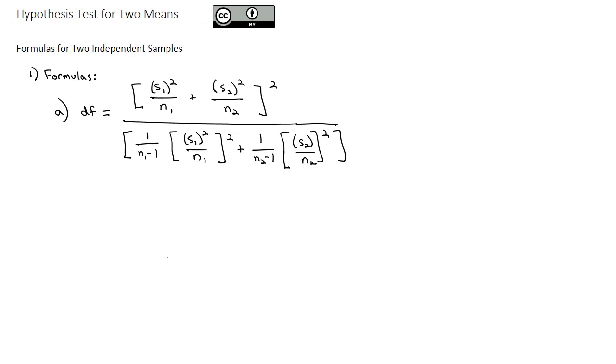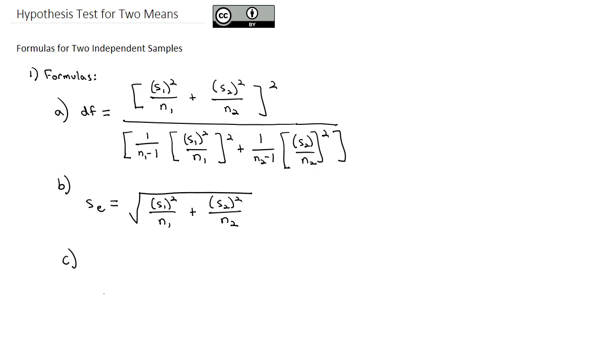Once you have the degrees of freedom, we also are going to have to calculate the standard error for the problem. With two samples, the formula for standard error is the square root of the first standard deviation squared divided by the first sample size plus the second standard deviation squared divided by the second sample size.